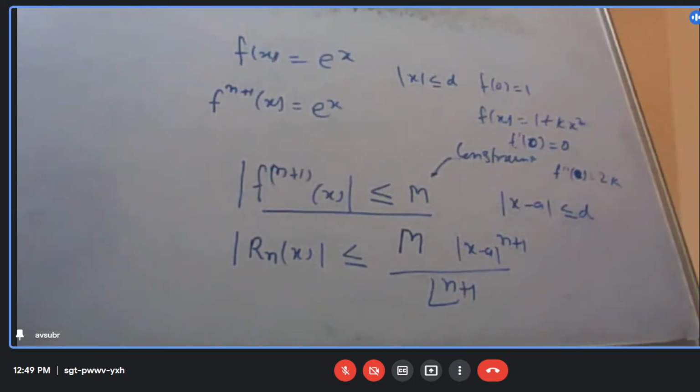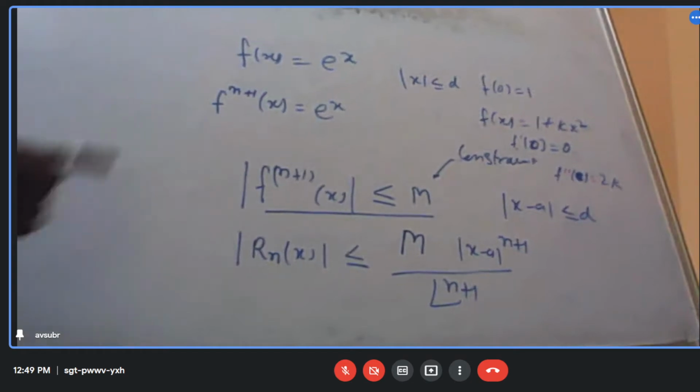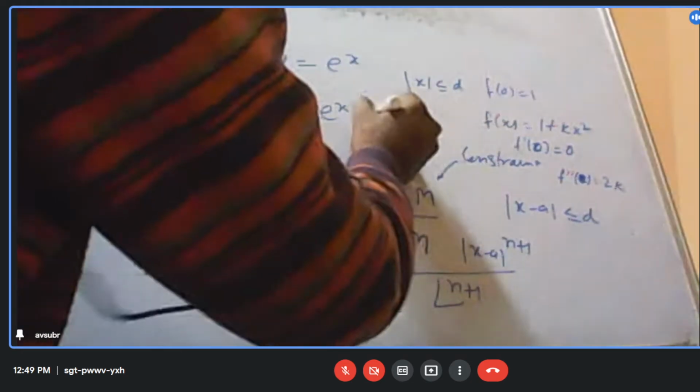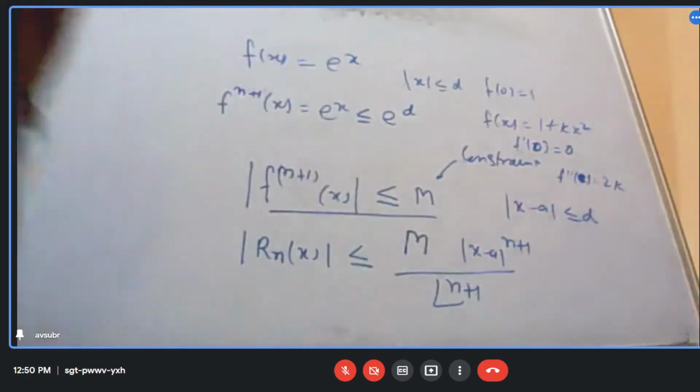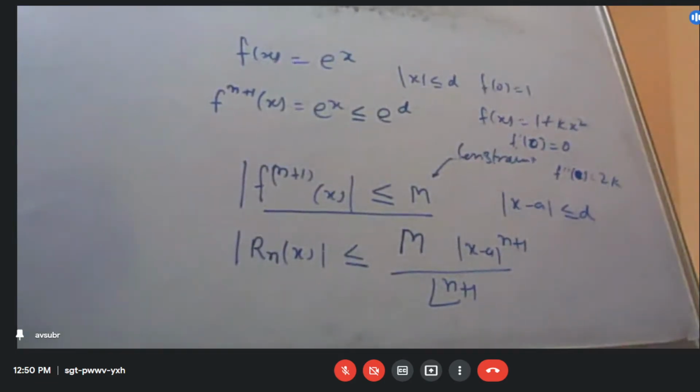And this e to the power x will be less than or equal to e to the power d. Is it or not?